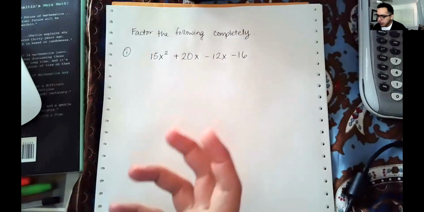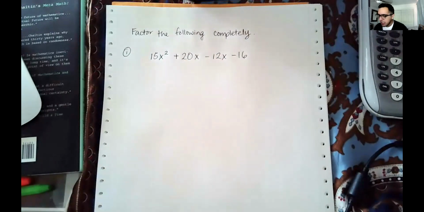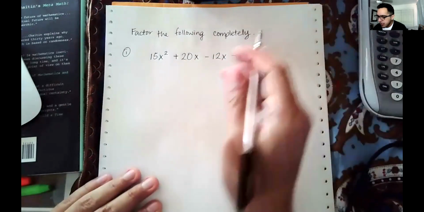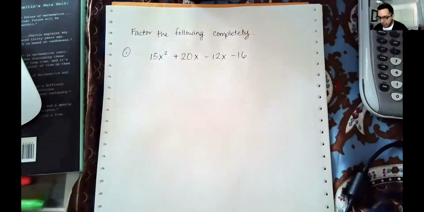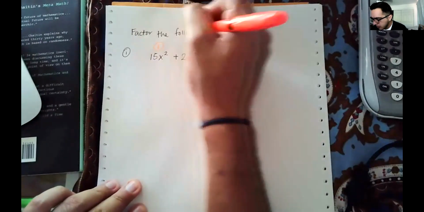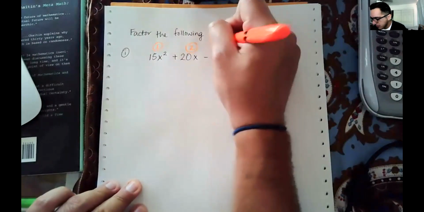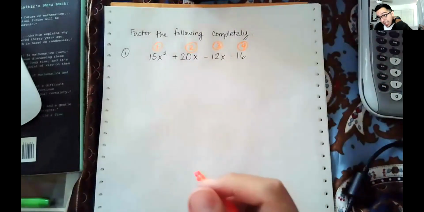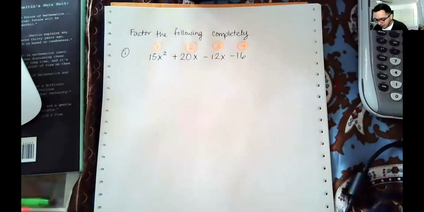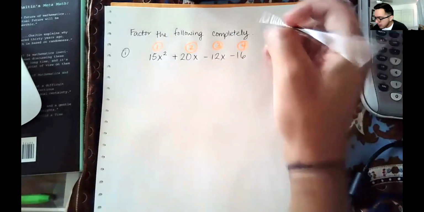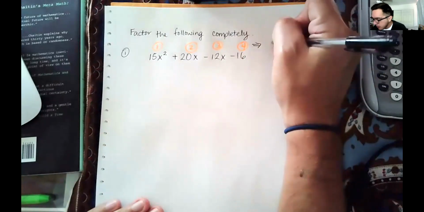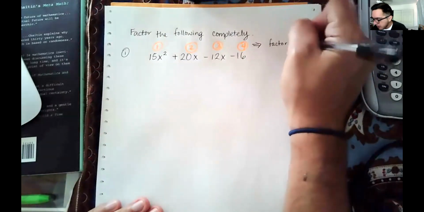So when we're factoring, there are a couple of key features to the problem that you want to pay attention to. If you look at this problem, sometimes I like to number the terms: one term, two terms, three terms, four terms here. If you have four terms in a polynomial that you're trying to factor, that should indicate to you that we are going to factor by grouping.